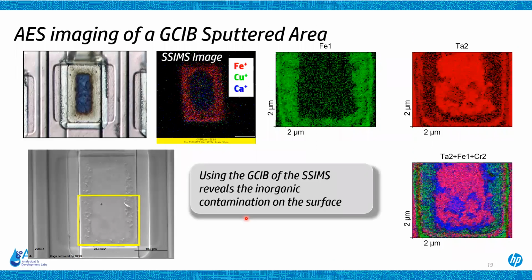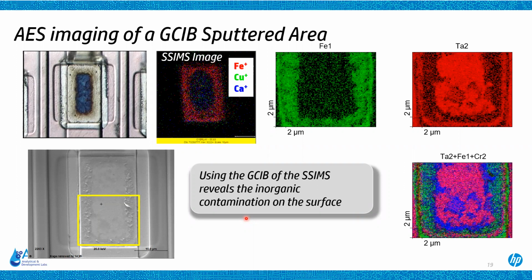I'm going to finish up with an example, an uncommon example of a synergy between static SIMS and Auger spectroscopy. We've learned that using the GCIB, of course, is a great way to look at polymers and organic material in the static SIMS.